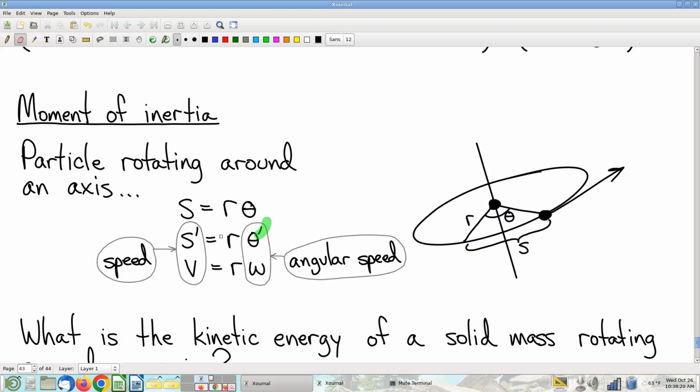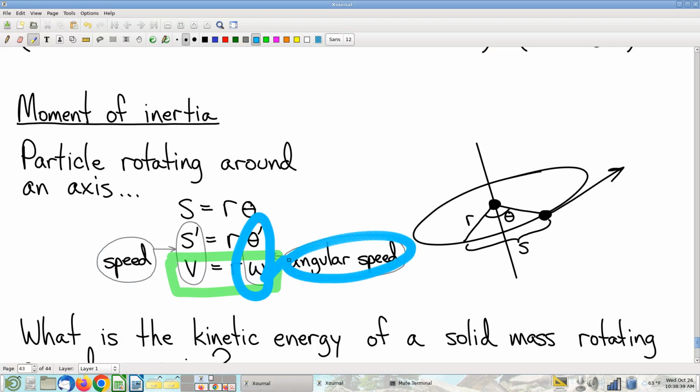Taking a quick derivative, what we have now is a different relationship, but it's a relationship between what you might call speed, namely how fast is your actual position changing, and this thing here, the rate of change, not of position, but the rate of change of angle.